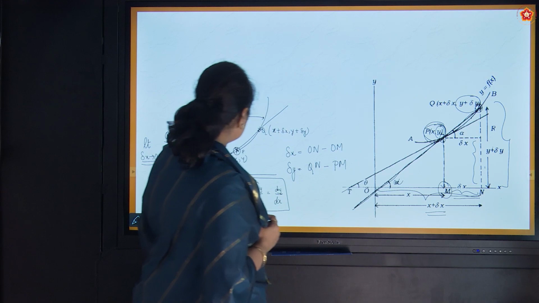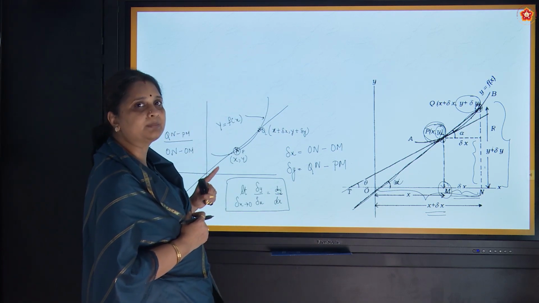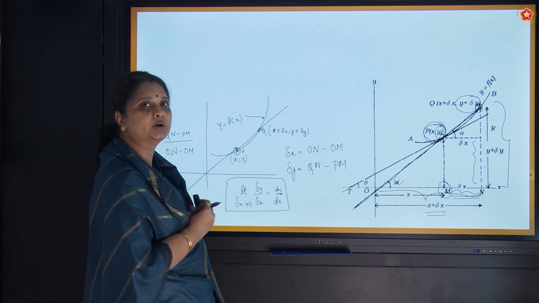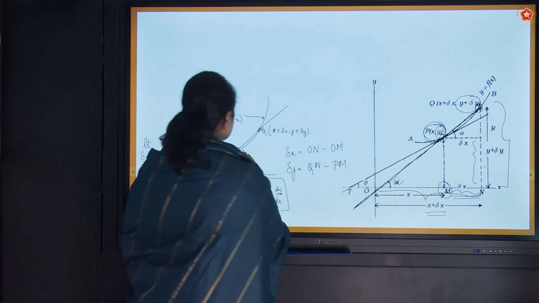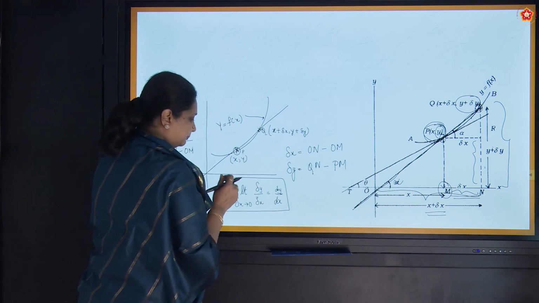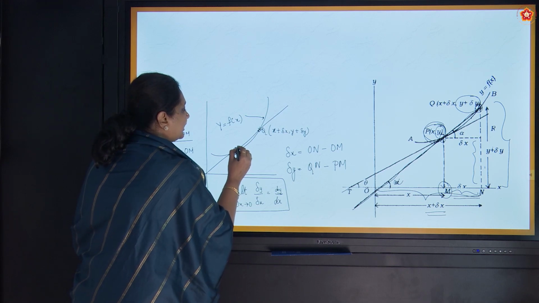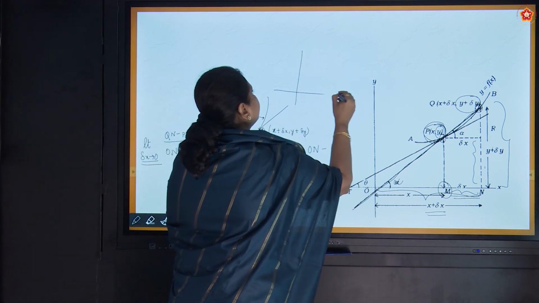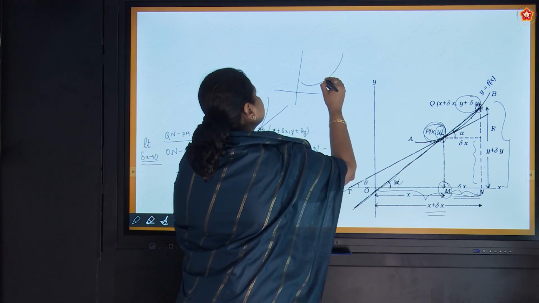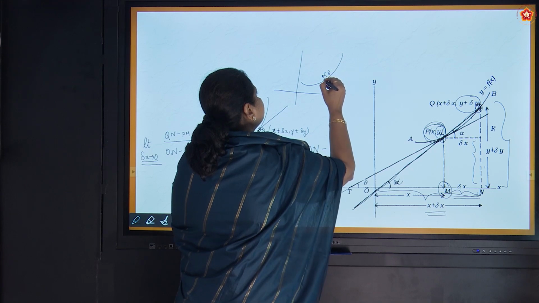Now, when I tend my delta x to 0, I mean to say that my Q and P are going to coincide. So I only talk about this P. This Q is slowly moving and becomes P alone. So delta x tending to 0 is going to be P and Q at the same place.